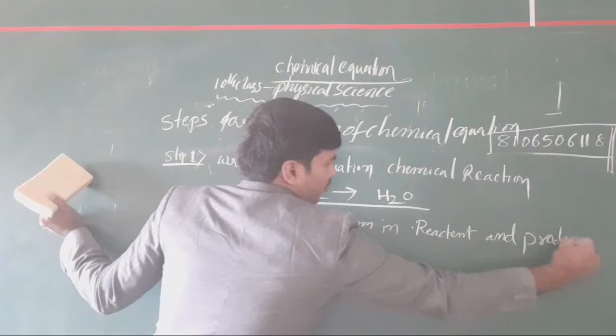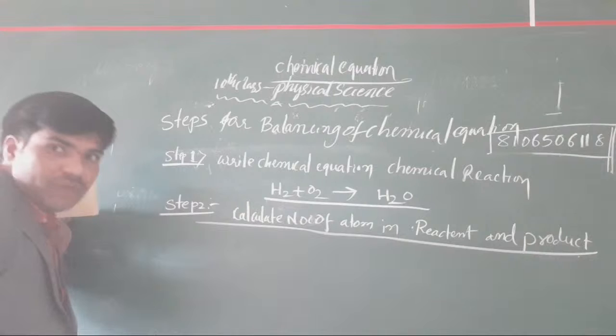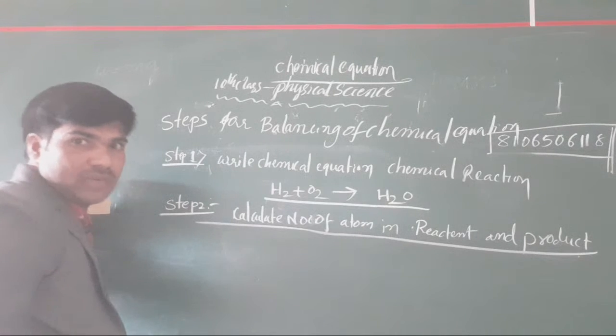Clear or not, all of you? This is the second step we are considering now. Calculate the number of atoms present in the reactant side as well as the product side also.